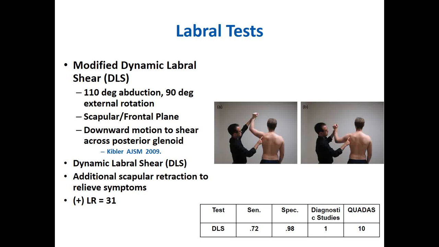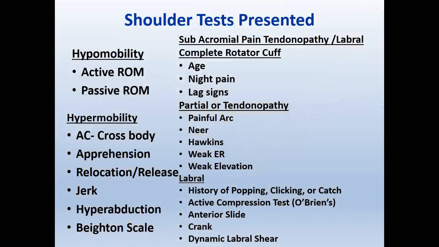Sometimes I have found that if I have the person scapularly retract their shoulder, that sometimes relieves their symptoms, which would suggest to me that yes, they might have a labral pathology, but now it gives me some insight to, hey, maybe I can reduce his or her symptoms by working on scapular motor control and getting the scapula out of the way with overhead activities. So these were all the shoulder tests that I presented.